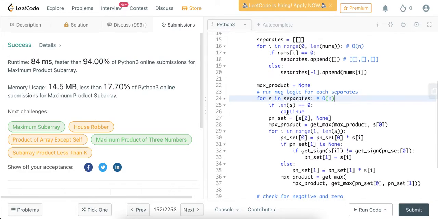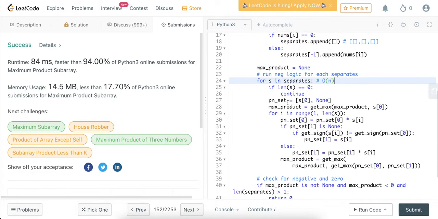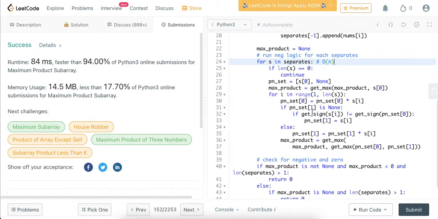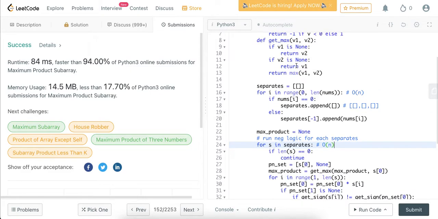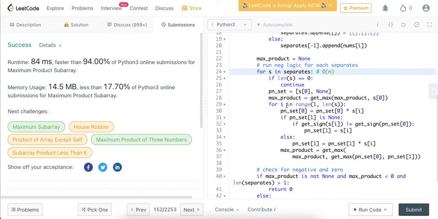Okay, so this one is just a simple one. This is just another get marks. The get marks just now is just big O(1), right? There is no loop inside. And then this is another loop. In this loop, it will be at least big O(n), because it could be that one single segment is actually the n.